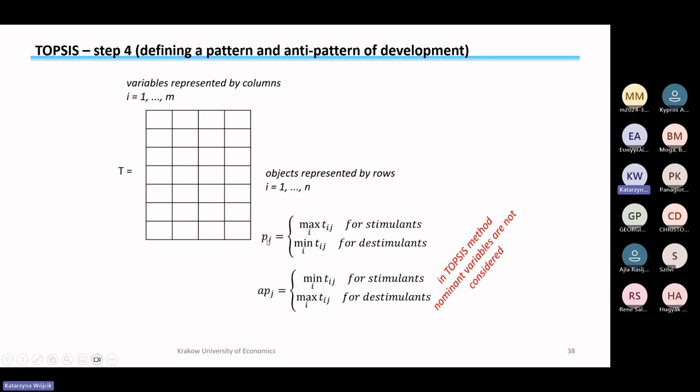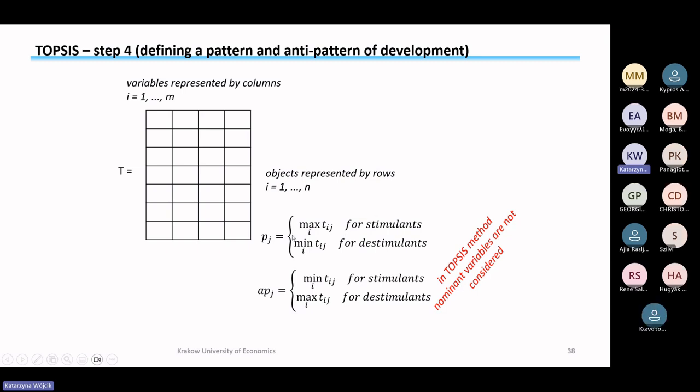Because for the distance from the pattern, we expect stimulants to be lowest, and for destimulants to be the highest. And for the anti-pattern, stimulants we want far from the anti-pattern. So this is distance, so that's the opposite of similarity.